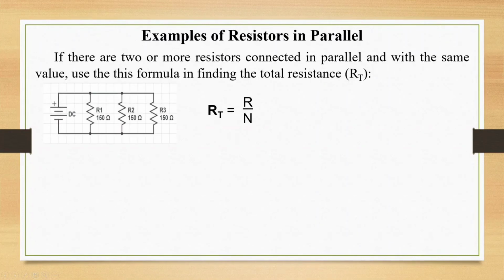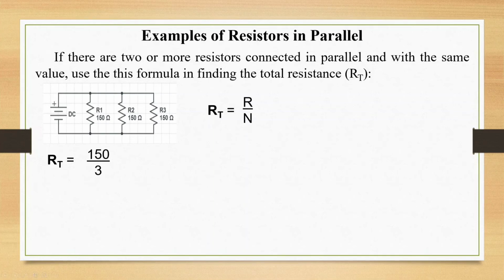So we have here three resistors connected in parallel. R1 is 150, R2 is 150, R3 is 150. So the three resistors connected in parallel have the same value of 150 ohms. Now let us substitute the value of each given data.